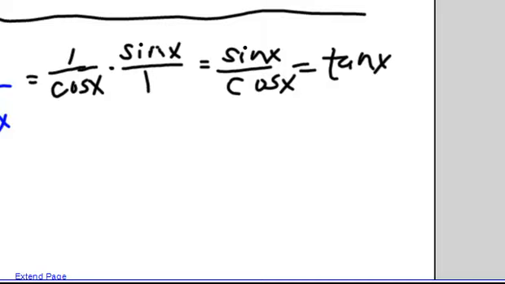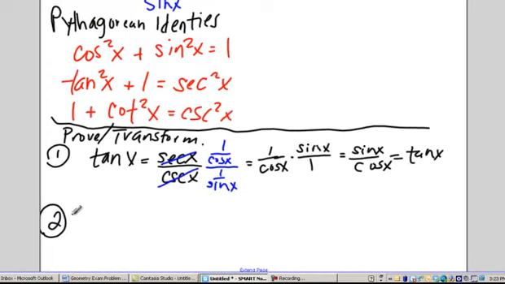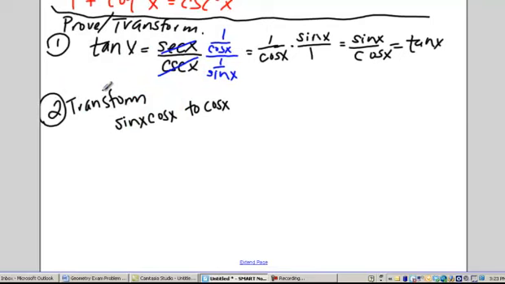Let me do another problem. Okay? So, I want you to transform sine of x times cosine of x to cosine of x. Okay? And I wrote down my problem wrong.